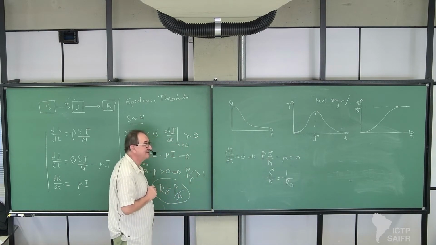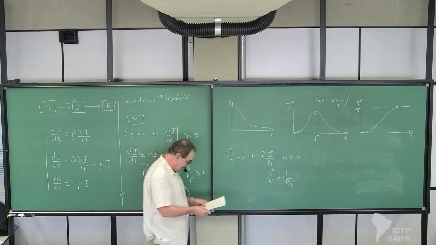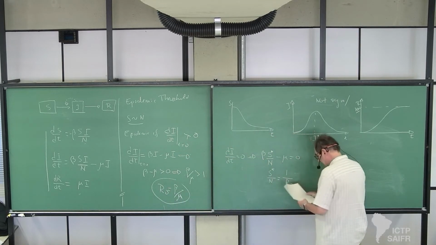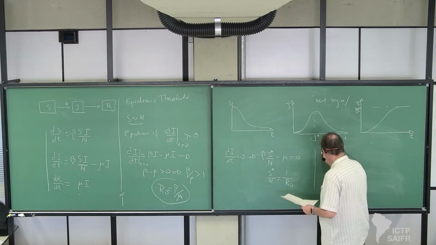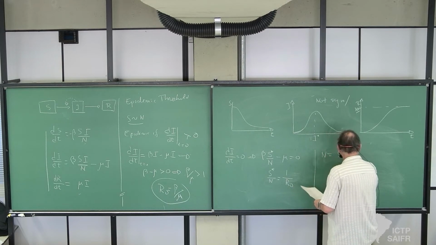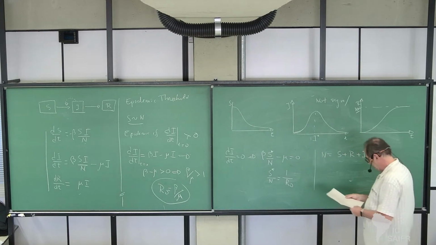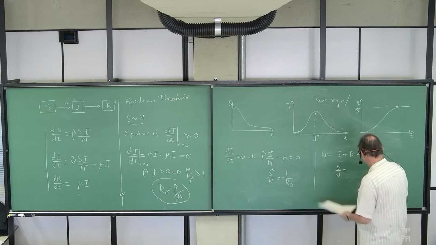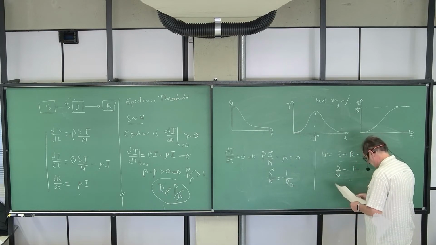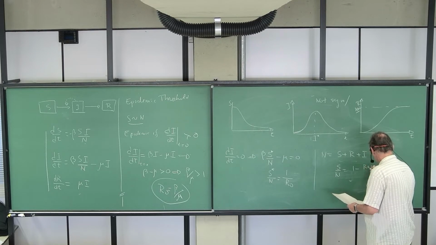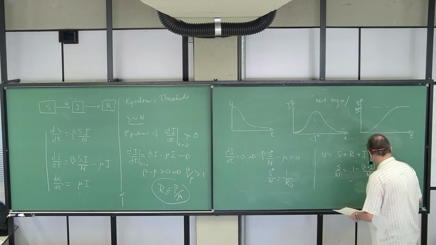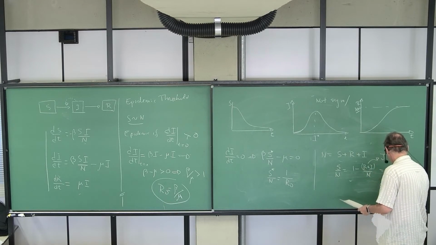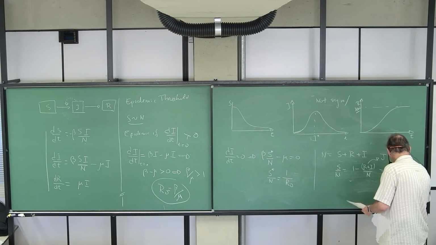So we have this, and this is the characterization of the peak. But then we can also say, for instance, that if N is equal to S plus R plus I, I can write S over N equal to 1 minus (R plus I) over N, and I will call this G over N. And what is this?